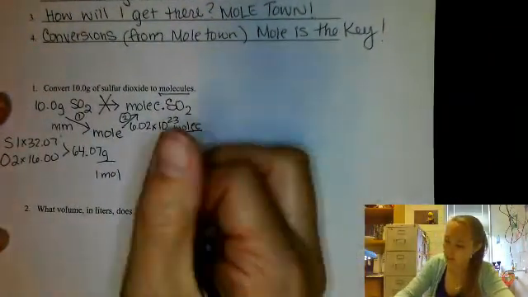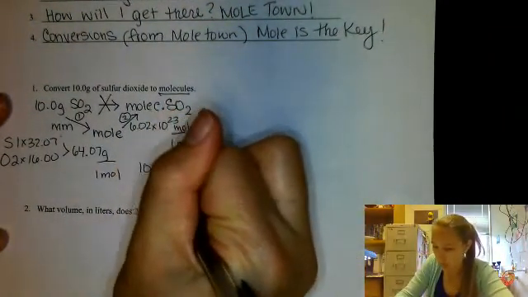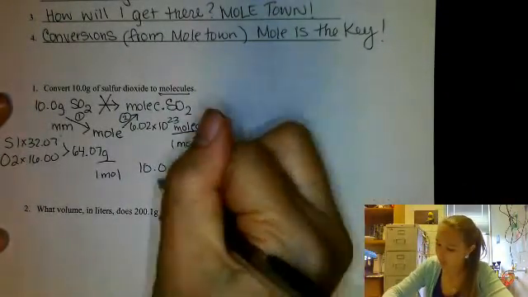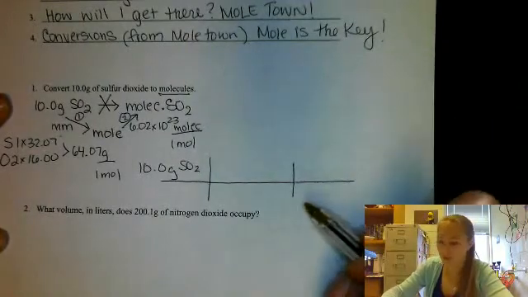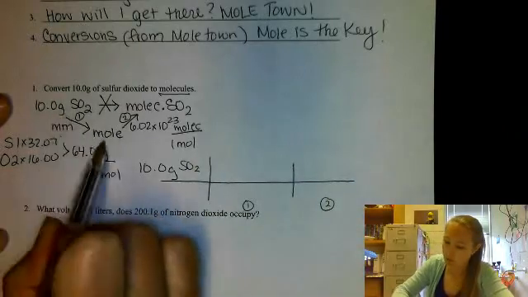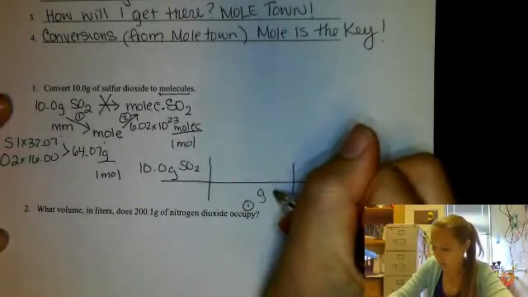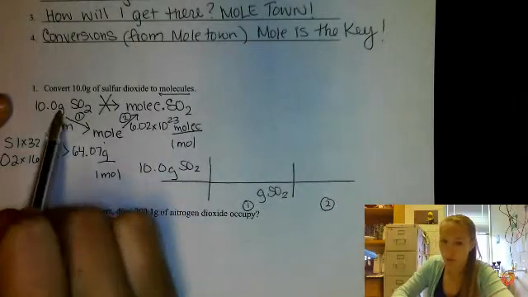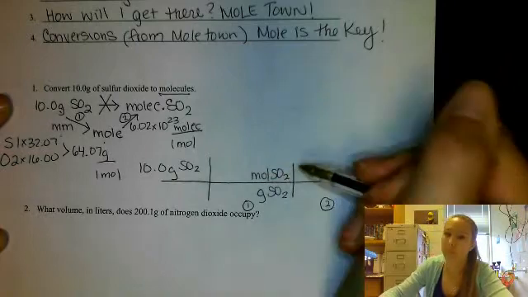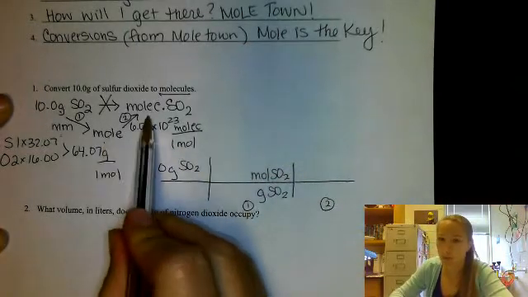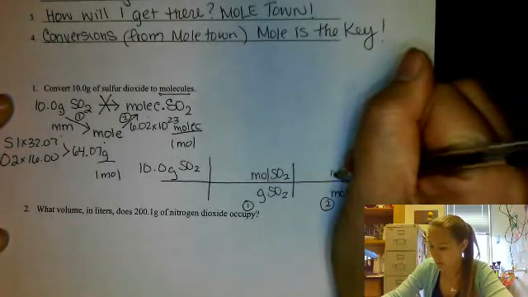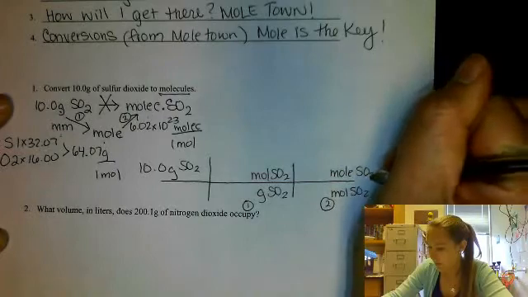So I start with what I'm given to do my conversions, 10.0 grams sulfur dioxide. I had 2 conversions, so conversion 1 and conversion 2. My first conversion is grams to moles, so my grams drops down. And I'm going from grams to moles, so moles goes on top. And my second conversion is from moles to molecules, so moles is on the bottom, and then molecules is on top.